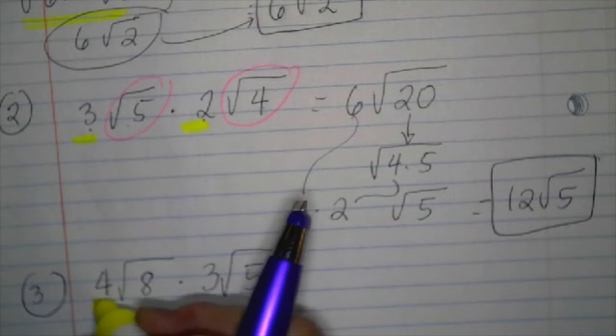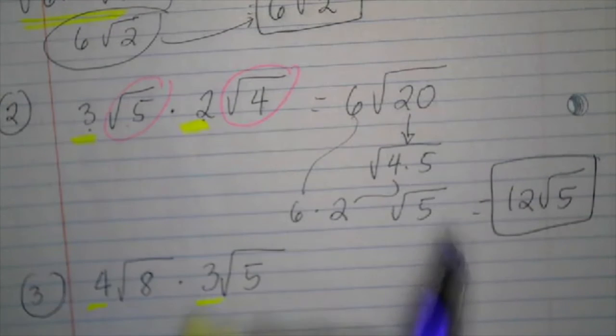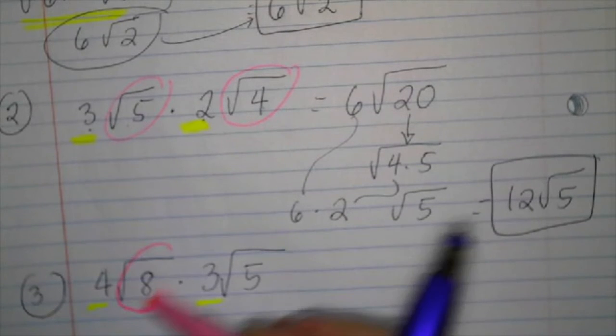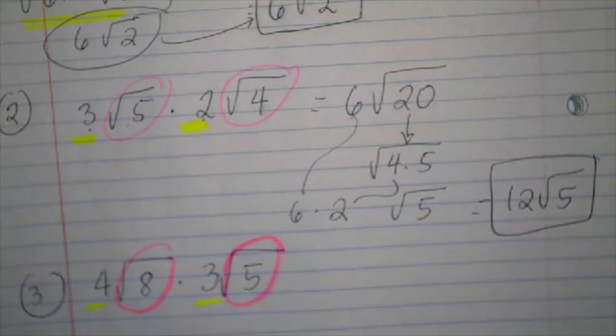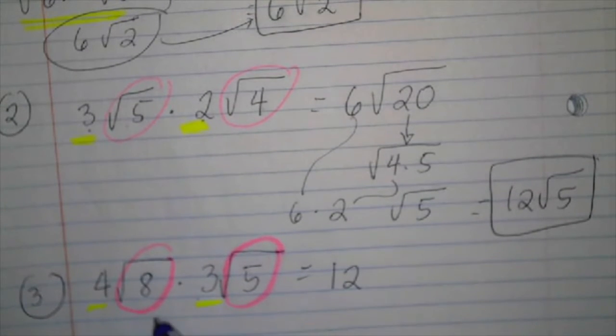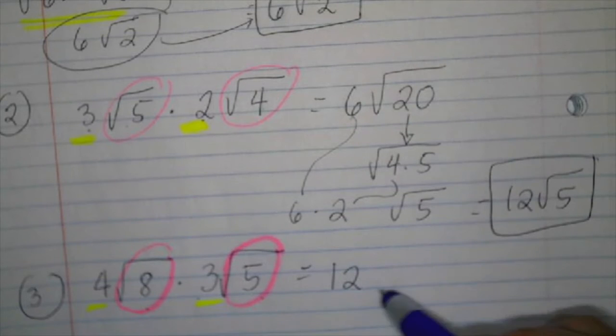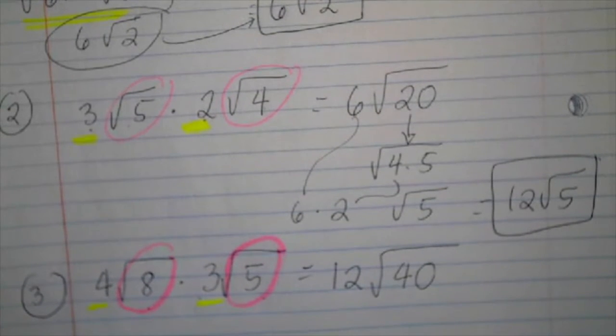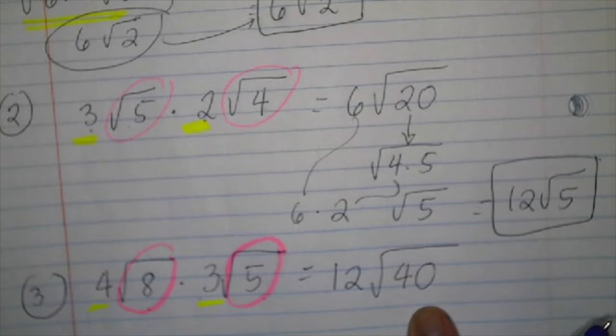Just like what we did earlier, the coefficient to the coefficient, square root to the square root. Four times 3 will give you 12. 8 times 5 will still be inside the radical, 40.